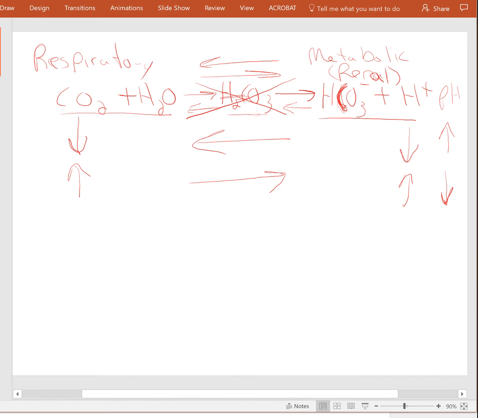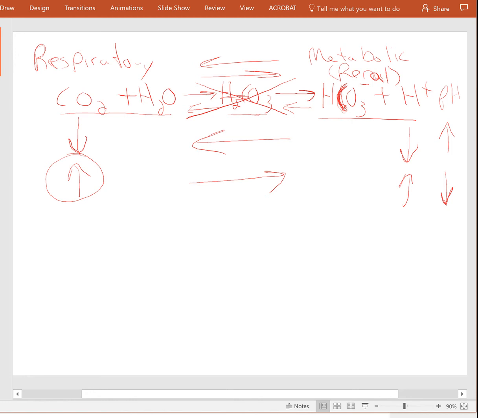Compensation. Well, what happens is when the pH is out in one of the systems, what will happen, for example, if there's too much carbon dioxide? Okay. That's going to produce a lower pH, acidic solutions, as we just saw. And what can happen if, for example, our conditions are too acidic?